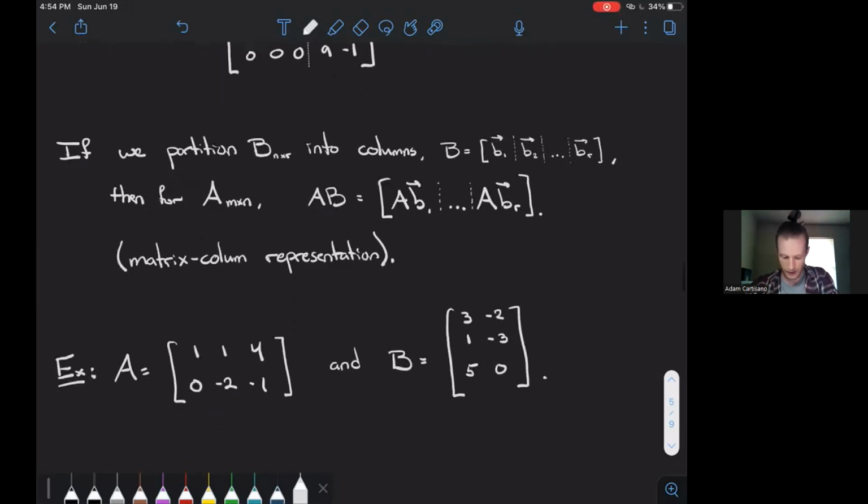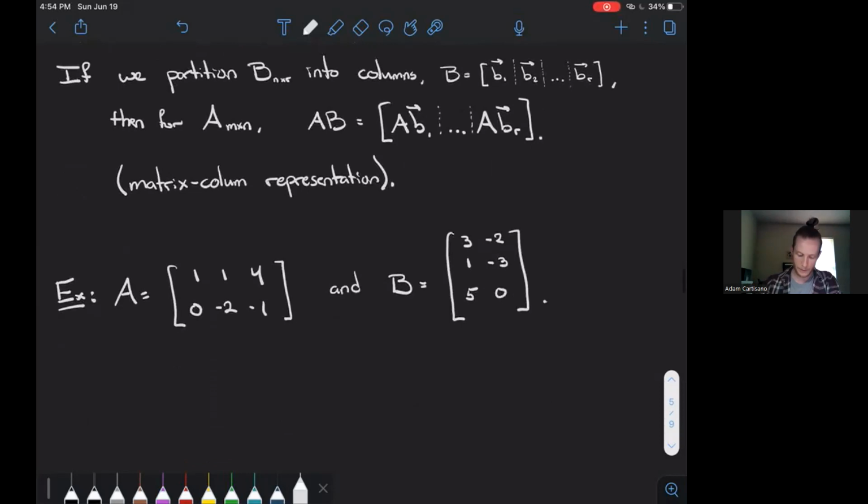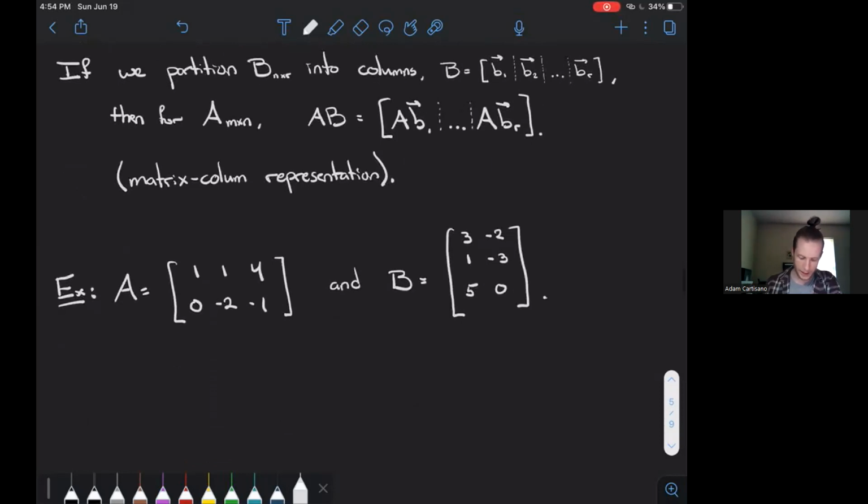This is pretty fancy. So we have A and B like this. A is 1, 1, 4, 0, -2, -1. B is 3, -2, 1, -3, 5, 0. Let's partition B into its columns: 3, 1, 5 and -2, -3, 0.